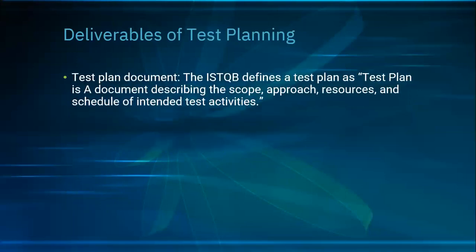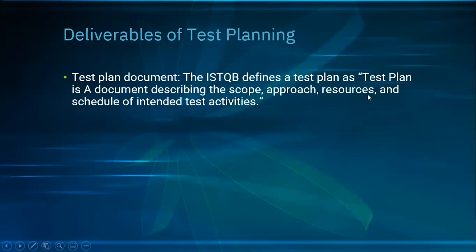So those are the steps, the activities performed. Don't forget them. What are the deliverables of test planning? The deliverables of test planning are the test plan document. ISTQB defines a test plan as a document describing the scope, approach, resources, and schedules of intended test activities.